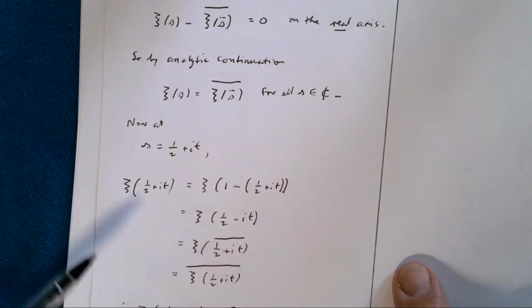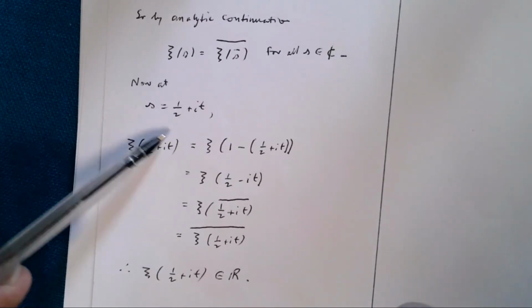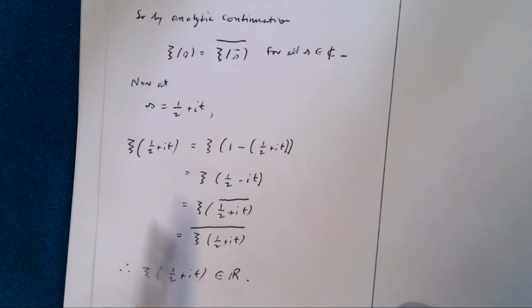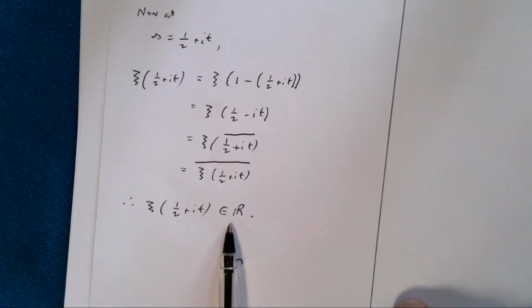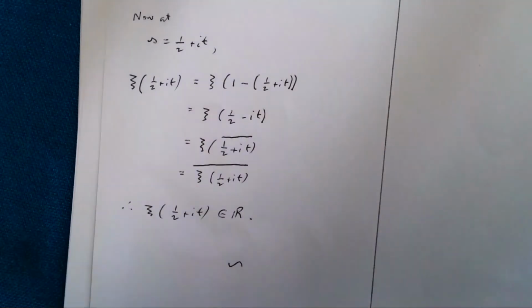And that tells me then that the conjugate of this so-called complex number is equal to itself, and that only happens when the complex number is in fact real. And so there's a little proof that psi of a half plus it is real.